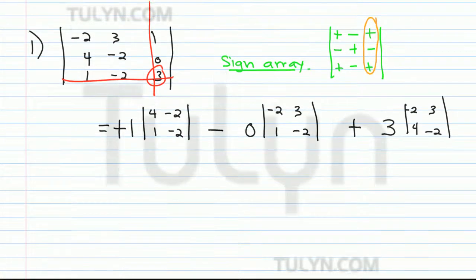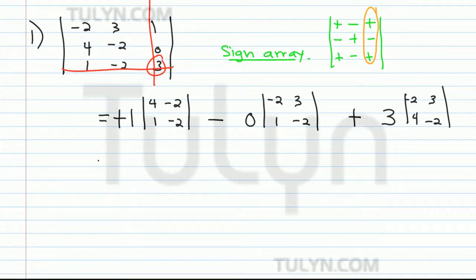So now we have the expression for our determinant, and now we just want to simplify. The first one is going to become 1 times the 2x2 determinant, which is the cross multiplication of the first two terms minus the cross multiplication of the other two terms. So 4 times -2 minus -2 times 1.